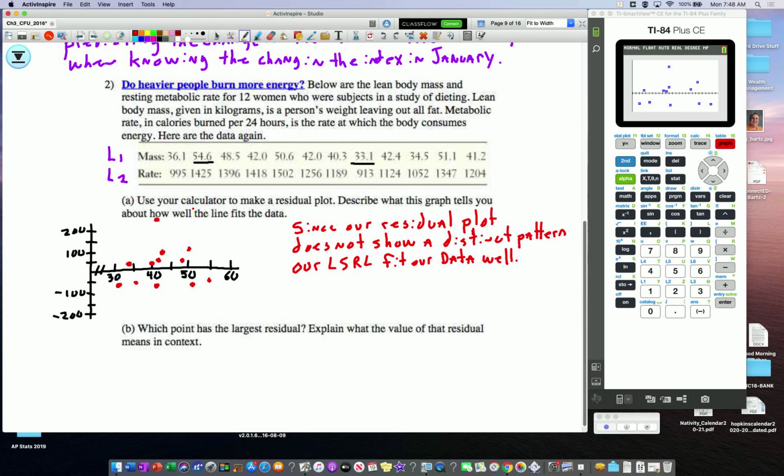And that's how we use residual plots to help us interpret it.